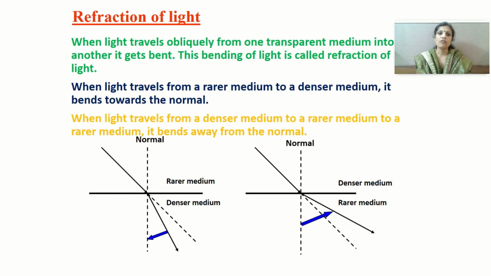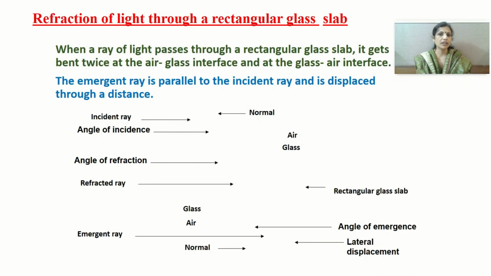Now, refraction of light through a rectangular glass slab. This is an activity which we are going to perform in our physics laboratory also. When the ray of light passes through a rectangular glass slab, it gets bent twice, at the air-glass interface and the glass-air interface. Now, interface is a place where the two media interact.